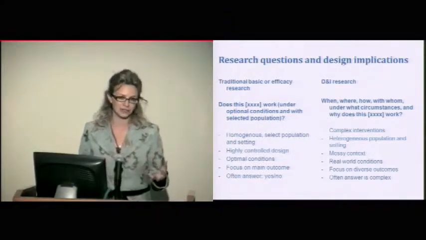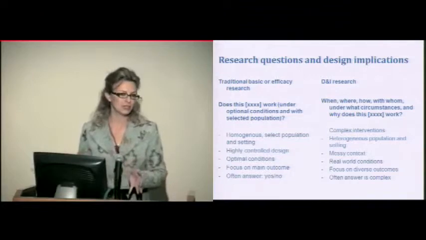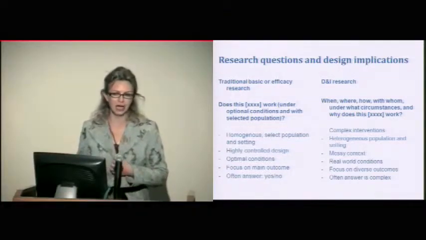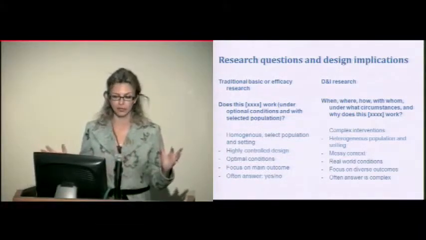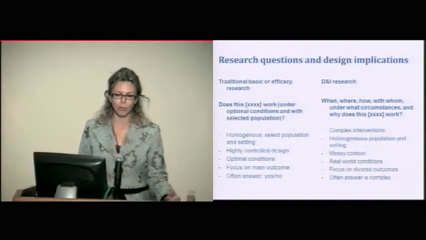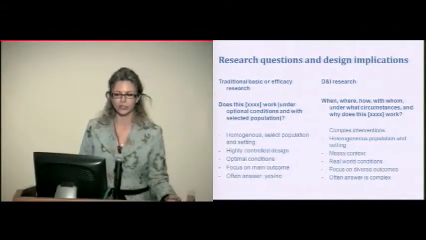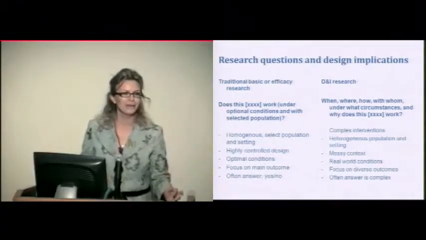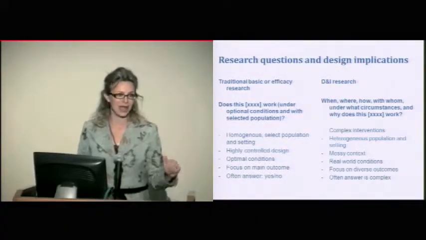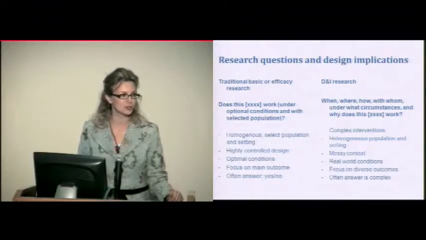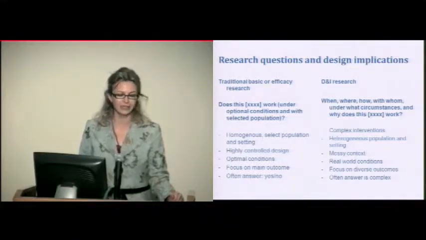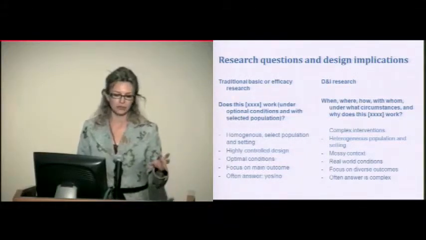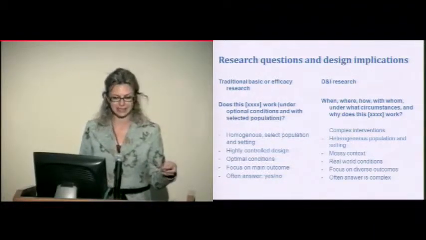Usually very simple answers. When we move into the dissemination and implementation research area, our research question becomes a little bit longer. The question is more when, where, how, with whom, under what circumstances, and why does this thing work? And to be able to answer that question, our study design choices are going to be different. We are going to think usually of complex interventions with heterogeneous populations and settings.